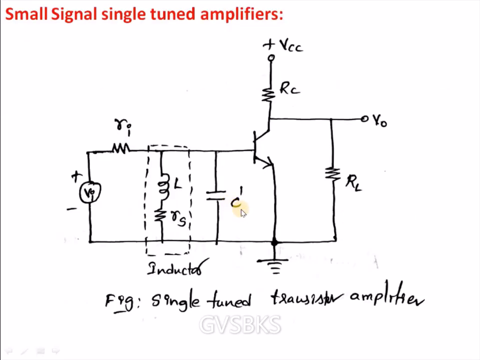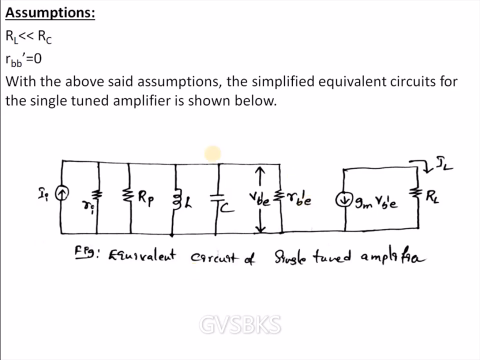Here the capacitances that are present in the hybrid pi model of the transistor are replaced with the Miller's equivalent capacitance, and the total equivalent capacitance is replaced with the value C. VB'E is the voltage between virtual base and emitter. RB'E is the resistance between virtual base and emitter. So the output current source is gm VB'E, where gm is the transconductance and VB'E is the input voltage.